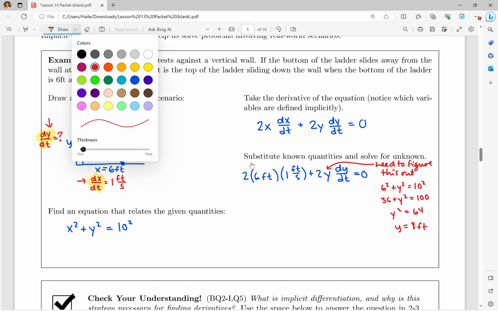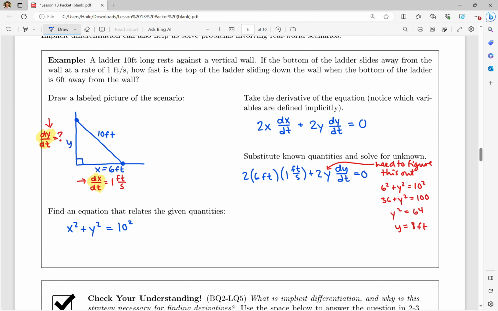So I can go back to my equation involving rates now, and I can plug in my quantity for y. This is going to give me 12 feet squared per second plus 2 times 8 feet times dy dt is equal to 0.